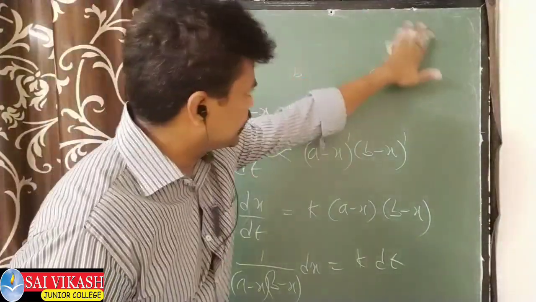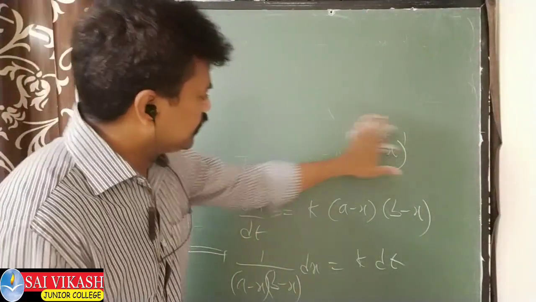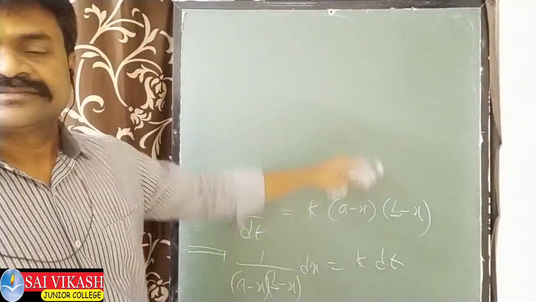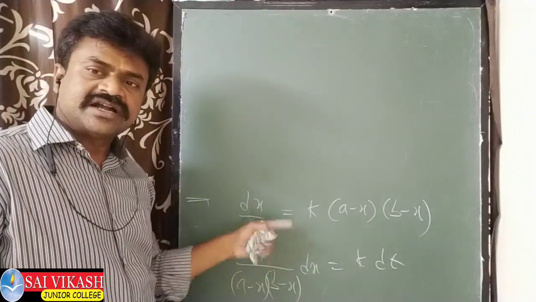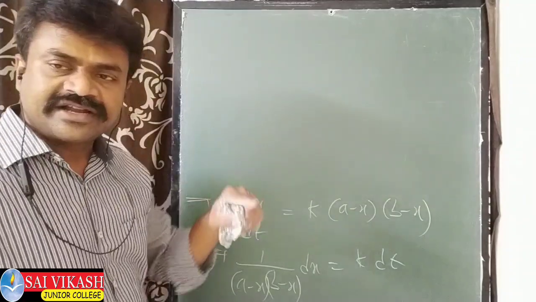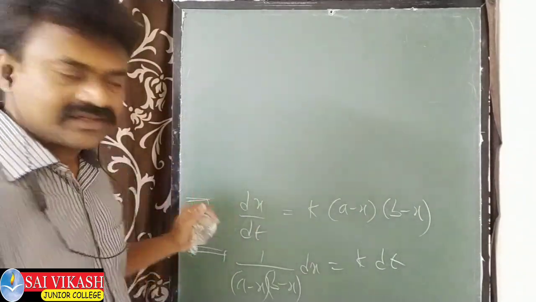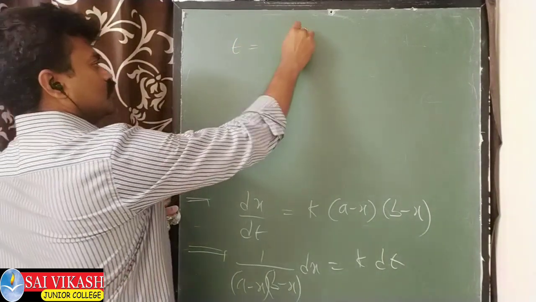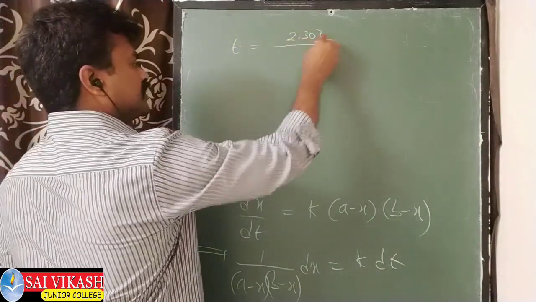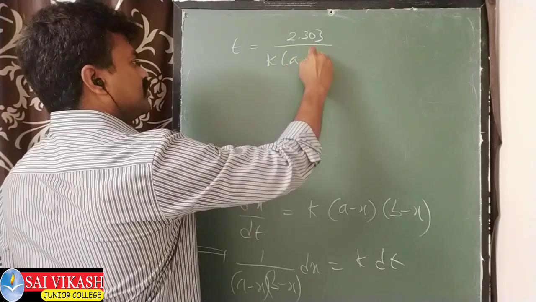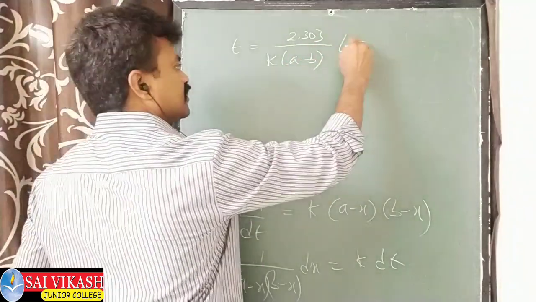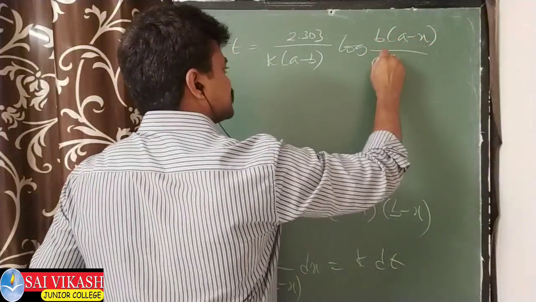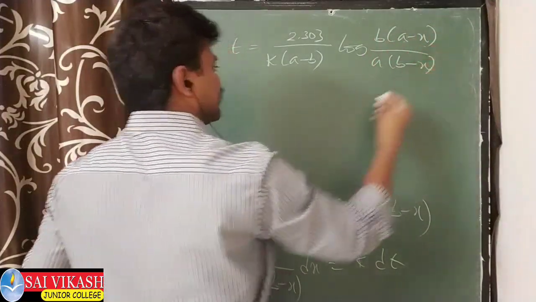Integrating on both sides again. On integrating and deriving, finally what we are getting is t equal to 2.303 by k into (a minus b) log of b into (a minus x) by a into (b minus x).